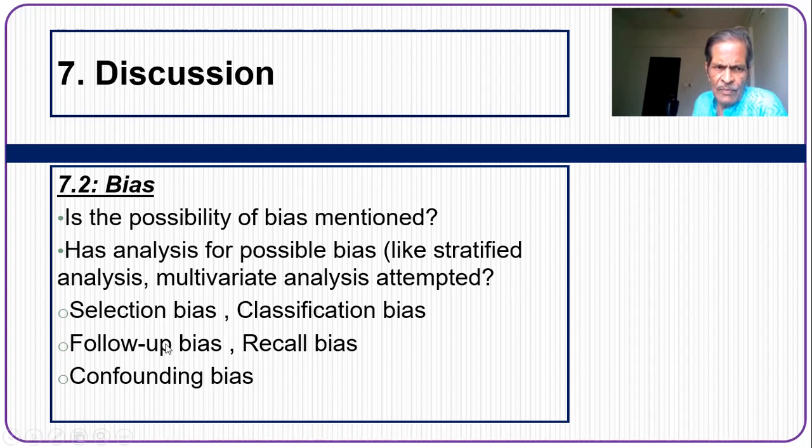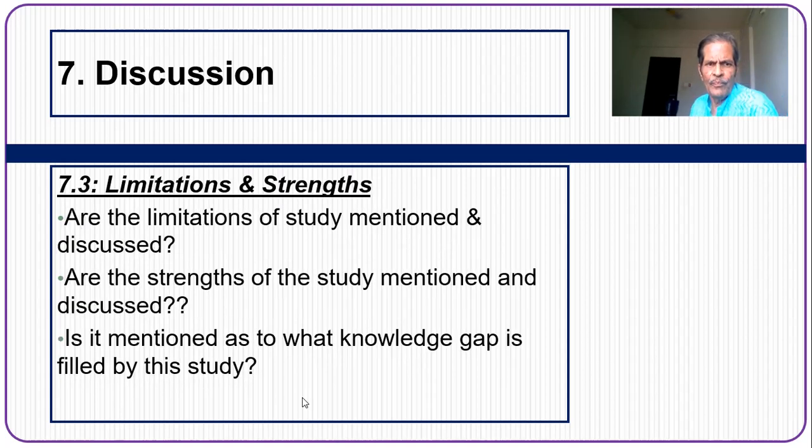The common biases are selection bias, classification bias, follow-up bias, recall bias, and confounding bias. A possibility of bias is always there in any type of study. And whether the author has mentioned the bias and what precautions he or she has taken to address the possibility of bias must be there in the discussion.